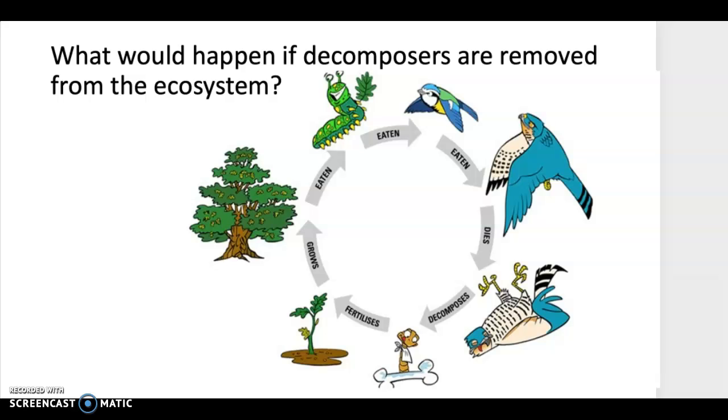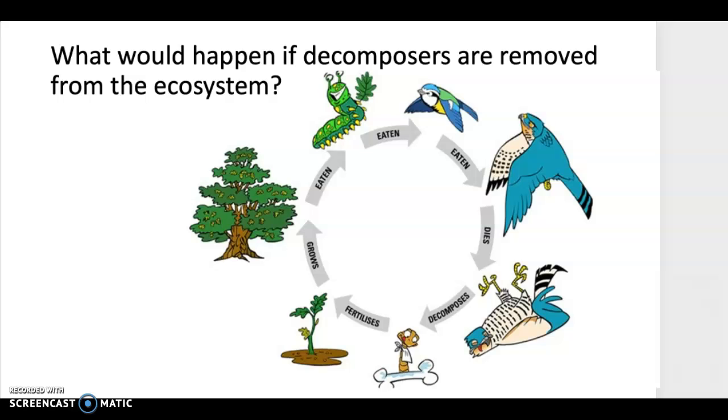All right, now we have 3 questions on our little decomposer guide. On your 3 questions, first one says, what does the food decomposers consume turn into? They turn into chemical nutrients, which are extremely important for plants, animals, and even us.